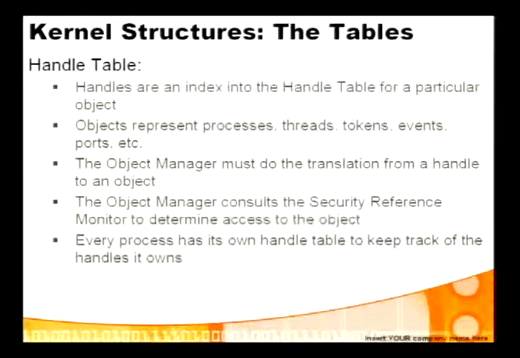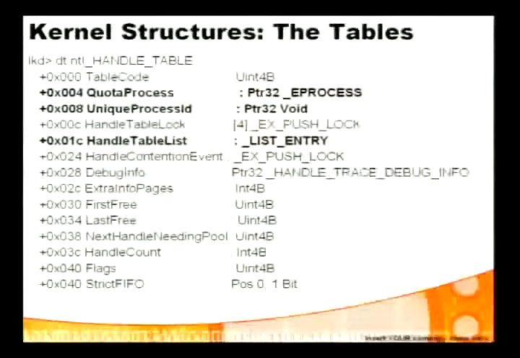Process objects are the same. Thread objects are the same. These are all pointed to by the handle table. So once you find the handle table of a process or of the system that you're interested in, here's what it looks like. The very top member of that is a pointer to these arrays of objects. So that's what we were interested in with FU2.